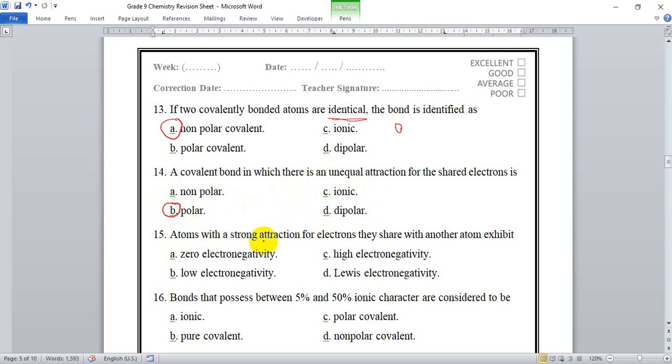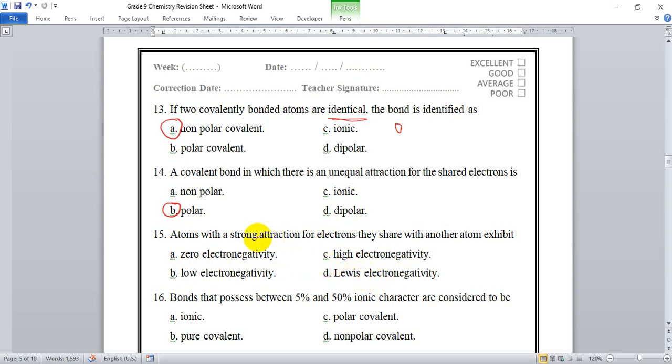Atoms with a strong attraction for electrons they share with another atom exhibit zero electronegativity, low electronegativity, high electronegativity, or lowest electronegativity.